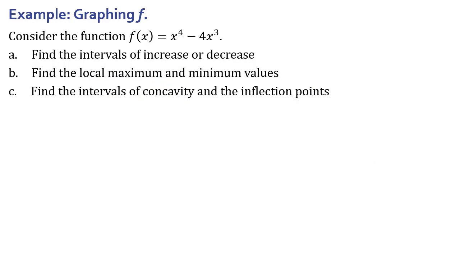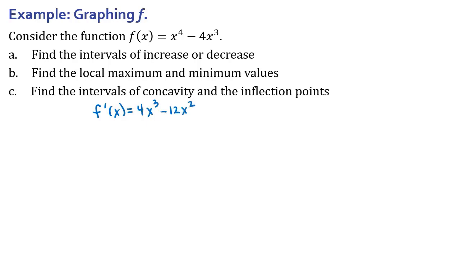All right, so now let's look at the intervals of concavity and the inflection points. Concavity and inflection points come from our second derivative. To find that second derivative, let's first recall the first derivative, 4x cubed minus 12x squared.